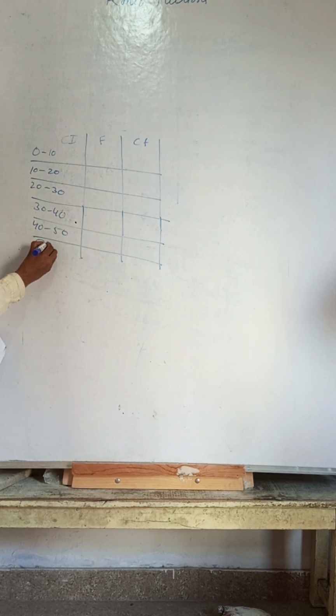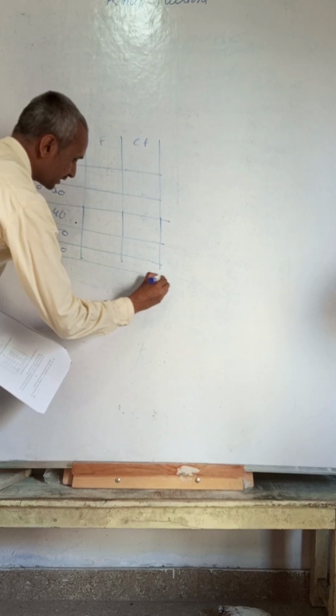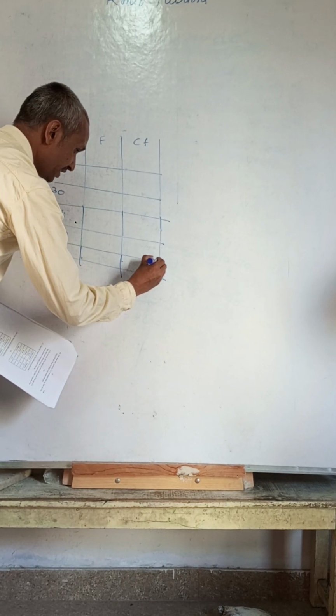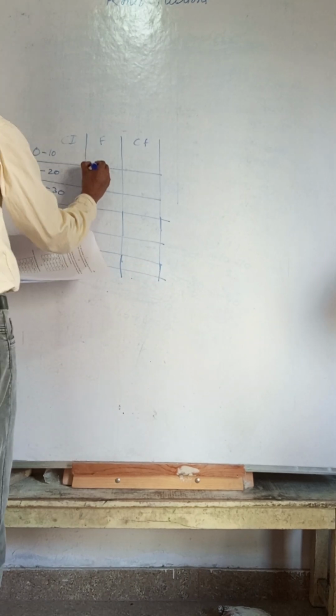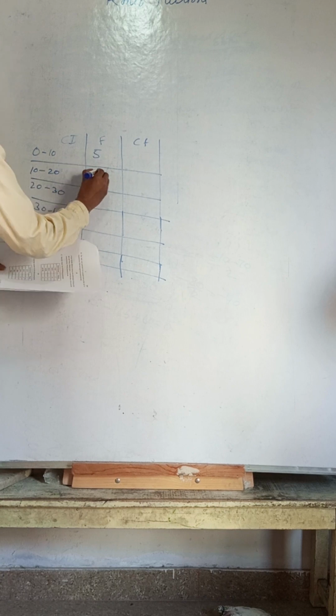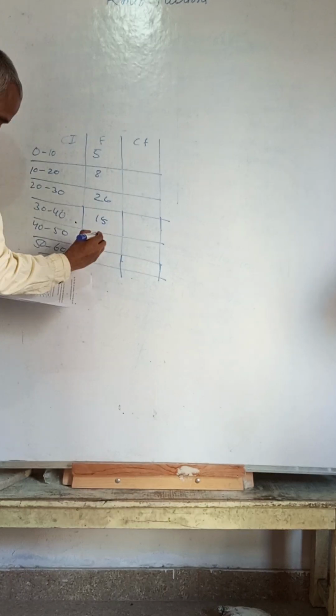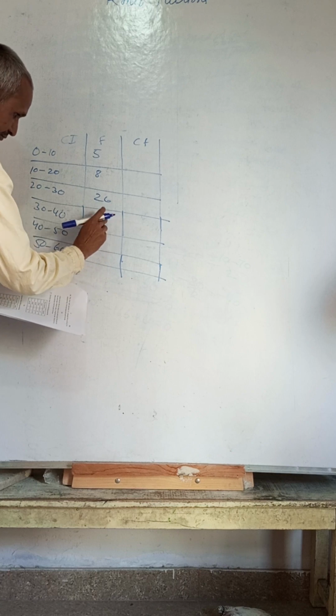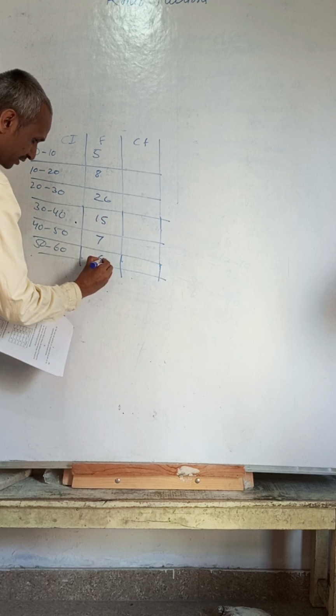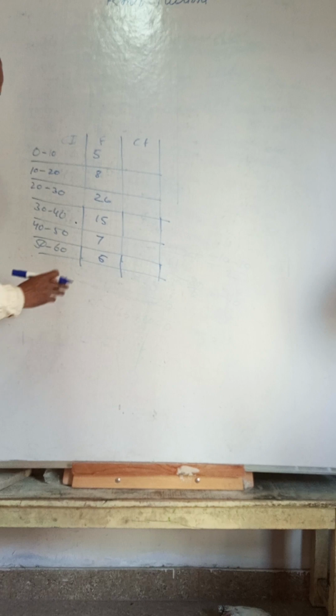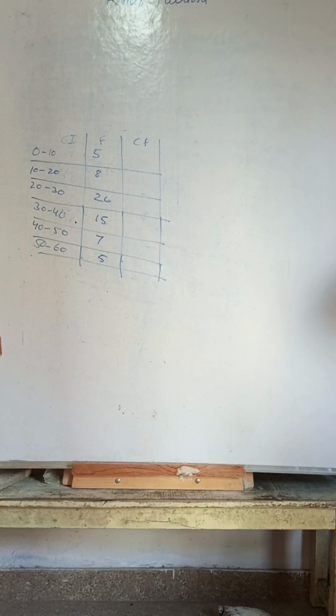And 50 to 60. It is given in that CI. F given in that 5, 8, 20, 15, 7 and 5. This is the F frequency.